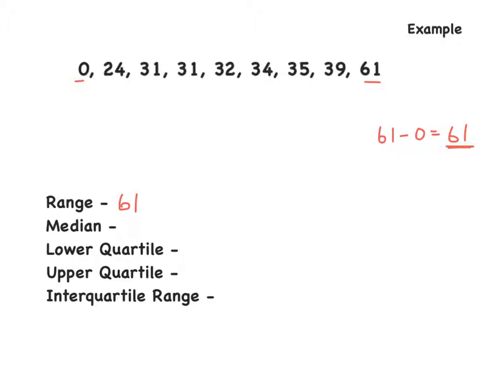Now the median. Remember, we just need to find the middle number. So we have 0, 24, 31, 31, 32, 34, 35, 39, and 61, and 32 is right in the middle. Thus, 32 is our median.